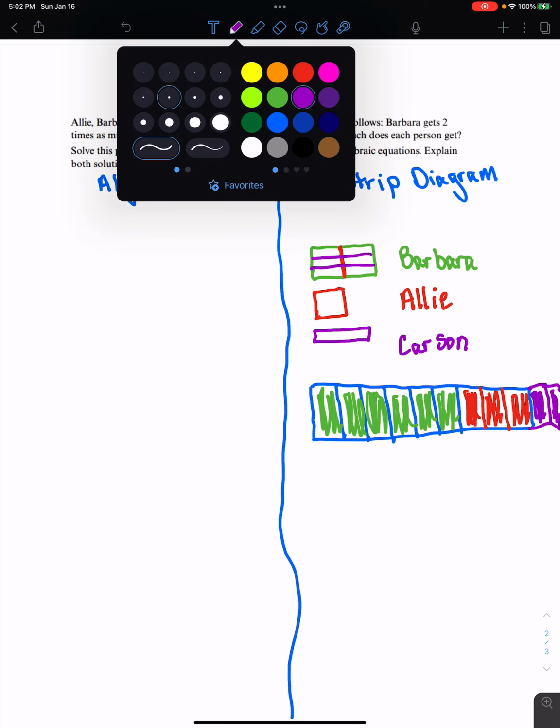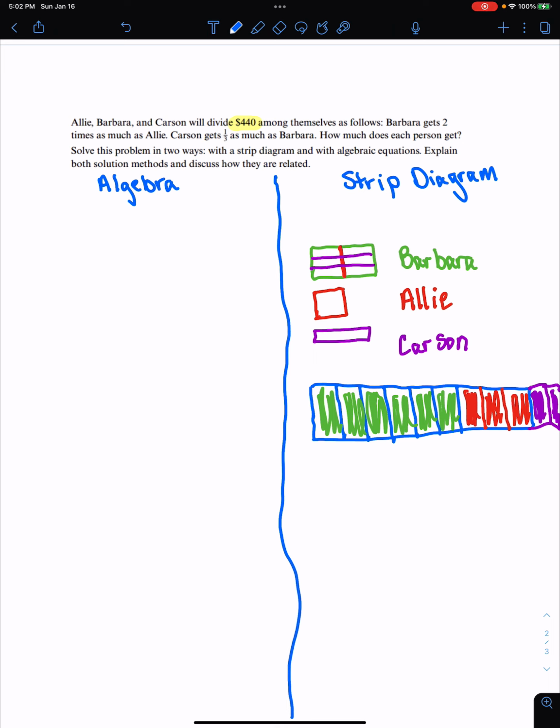So back to this whole piece, which now with all these pieces represents our $440. Okay, so how many pieces did we end up with? We ended up with 6, 7, 8, 9, 10, 11 pieces. 11 pieces. And so we're going to divide our $440 evenly among those 11 pieces.